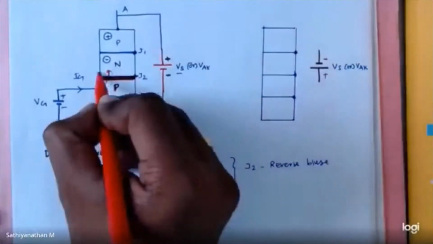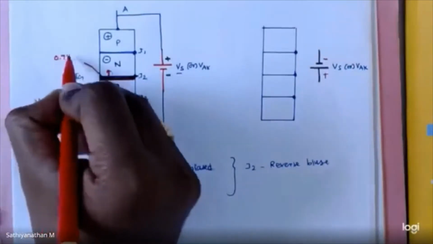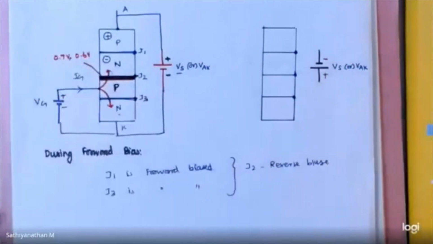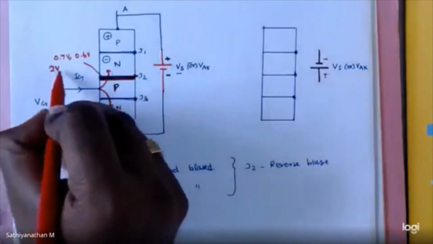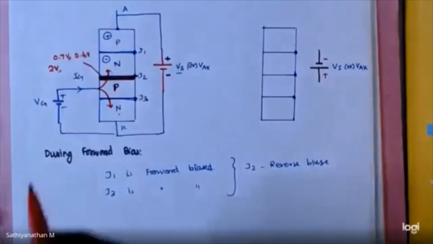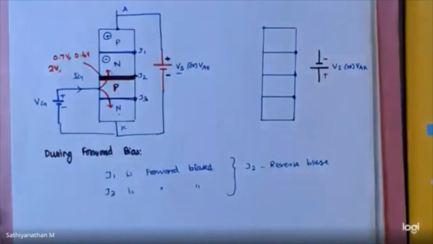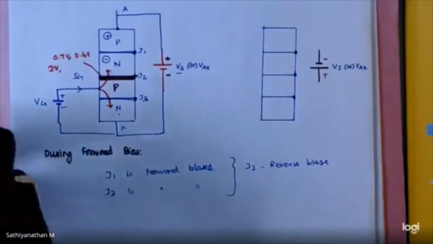Normally we call it 0.7 volt or 0.6 volt as the barrier voltage. That voltage is applied, or a minimum of 2 volt, to make the device conduct.